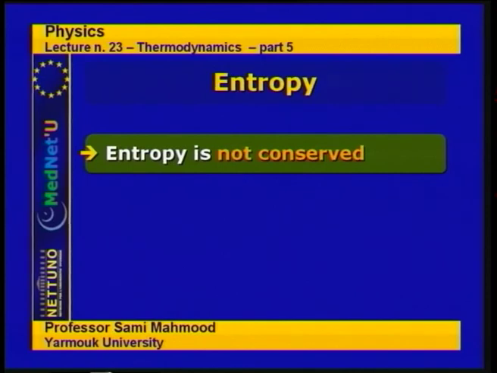That means entropy is not a conserved quantity. Entropy change tends to transform the universal matter into a more random matter in a way, and that transformation ensures the increase in entropy in the universe.